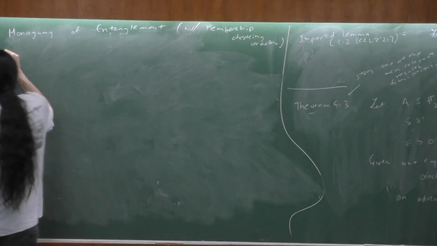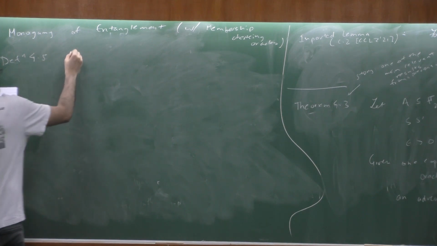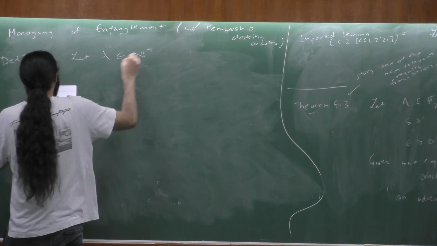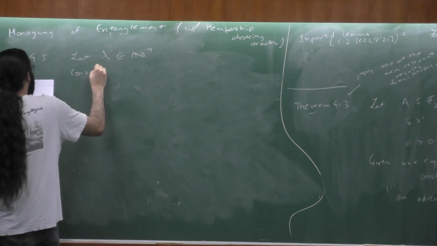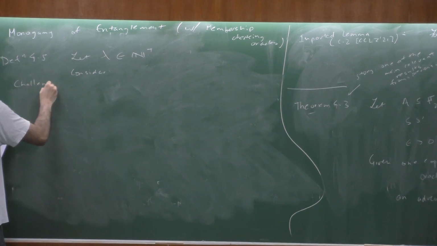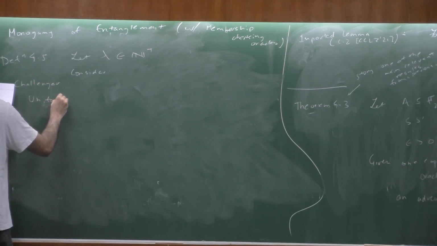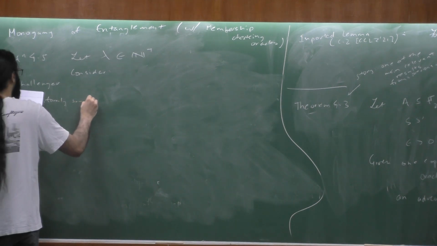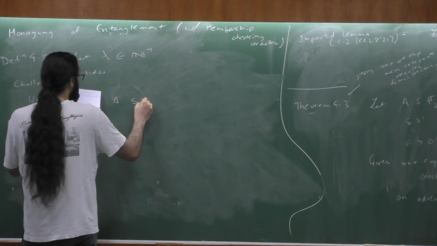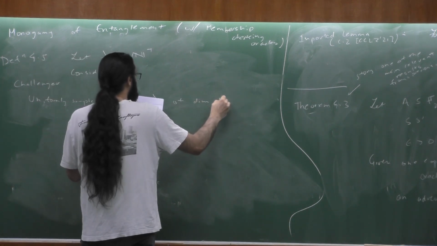Definition 4.5. We let lambda be a natural number, and consider the following game. Here's a challenger. The challenger uniformly samples A, and whenever we talk about sampling A, it's always uniformly from F_2^lambda, of dimension lambda by 2.